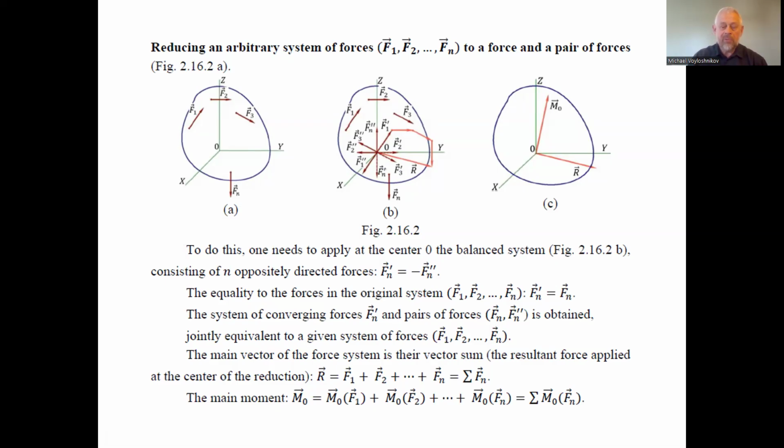So this is the same for each of the considered assigned forces.